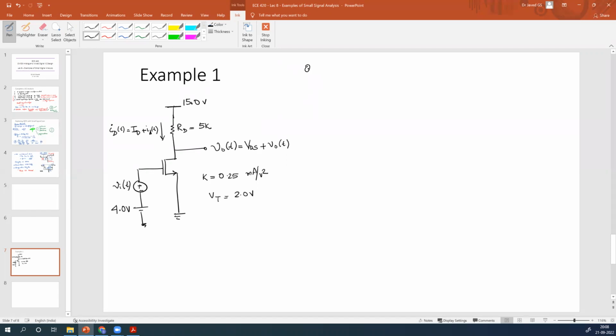Now this is the question: perform small signal analysis and find the voltage gain. What is the voltage gain? Av is given as vo of t divided by vi of t.